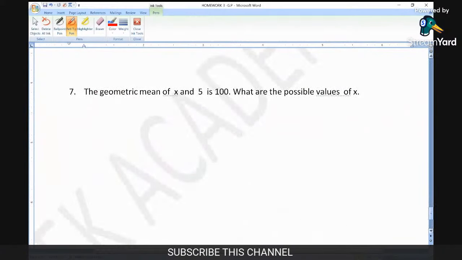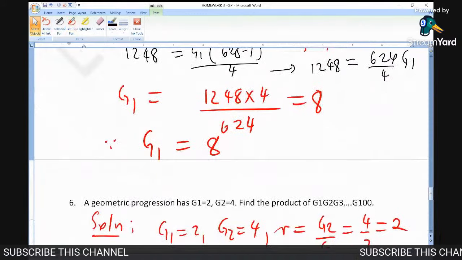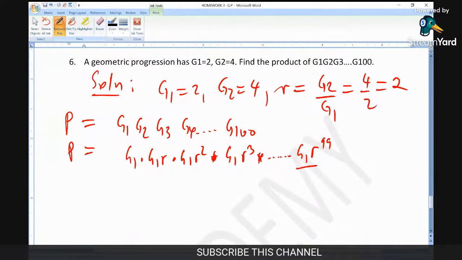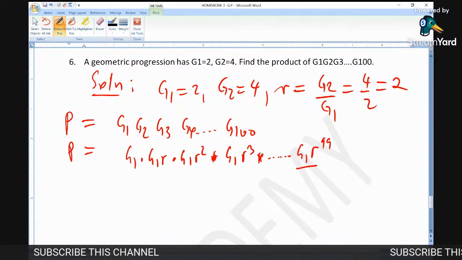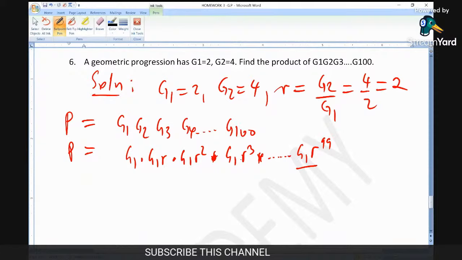So as you can see from here, we can manipulate this product. I know that this question can be a bit confusing, but if you think a little bit, it is G1, G1, G1, G1. How many times? 100 times.